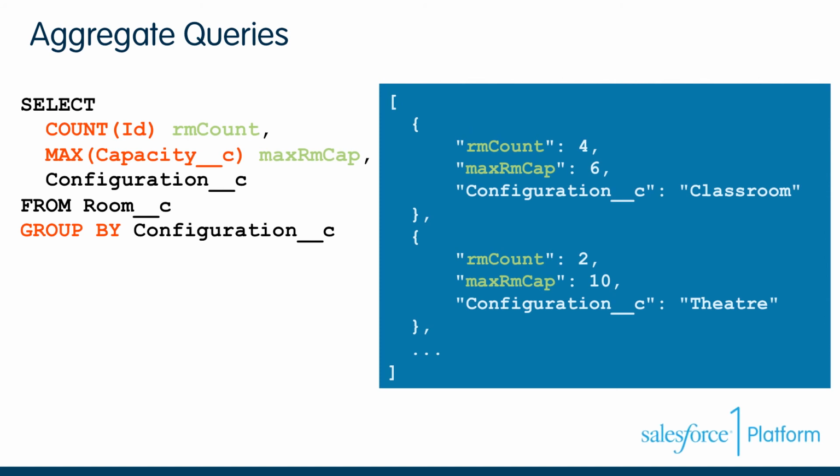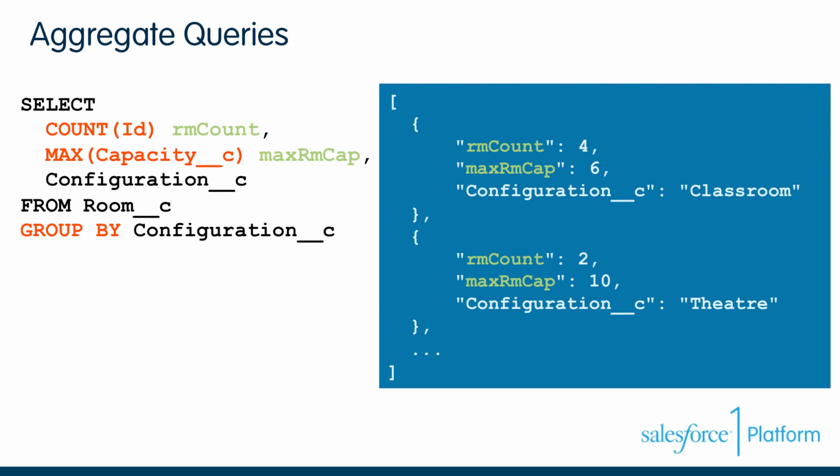There is also the idea of aggregate queries. Just as you would in SQL, you can do counting things, summing things, finding the mins, max, and averages of things. The additional bit of syntax here is to add the group by, just as you would in SQL. And also to provide alias names, as you'll see in the green.